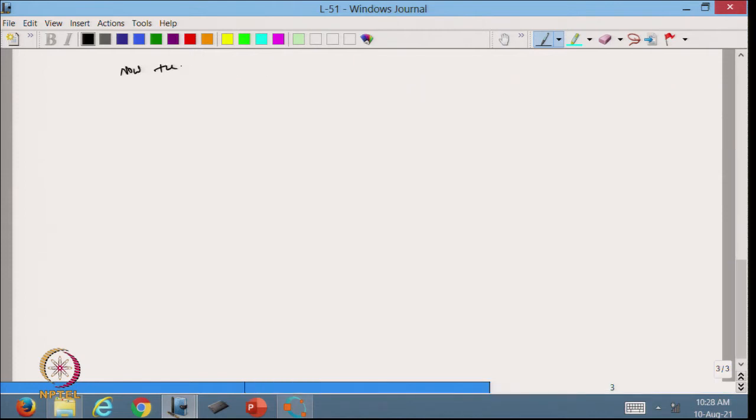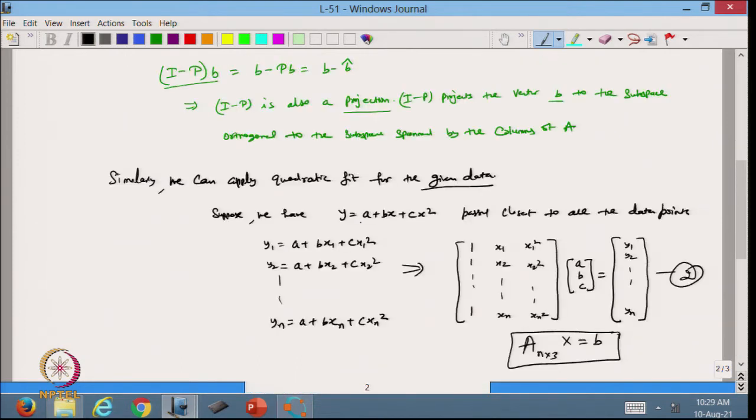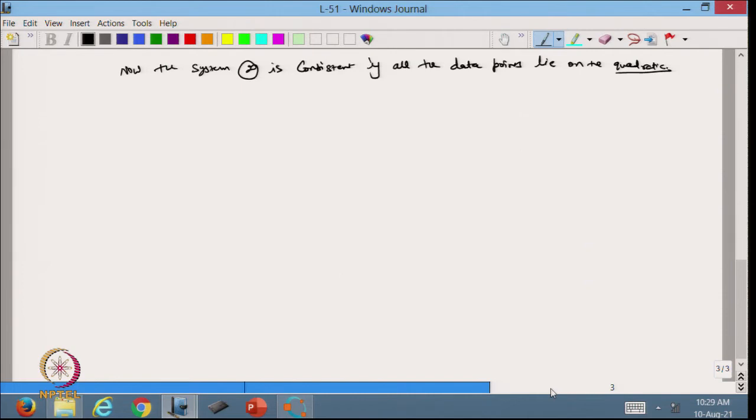Now, the system 2 is consistent if all the data points lie on the quadratic. So, if all the data points lie on this quadratic equation, then this system will be consistent and we get the unique solution.